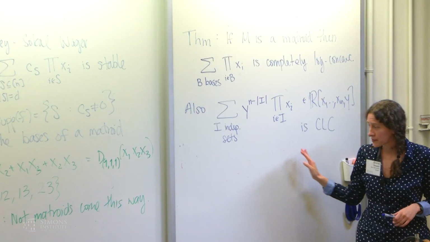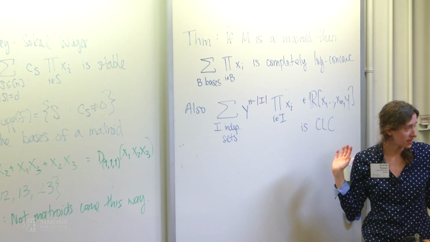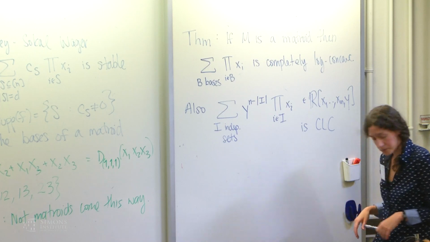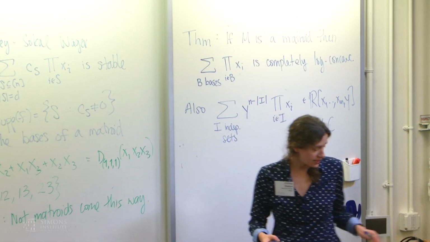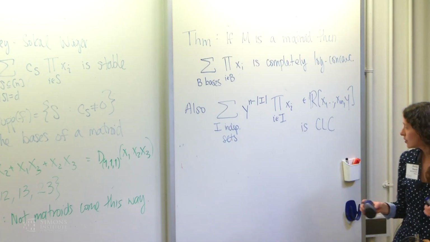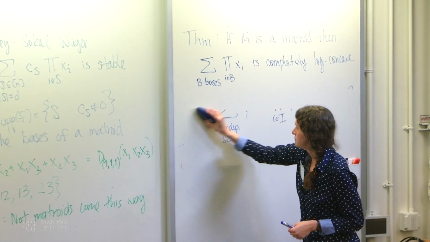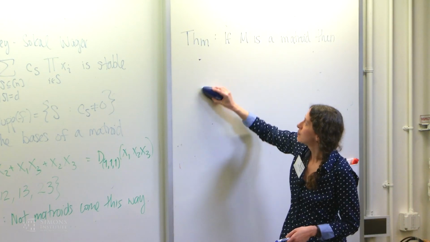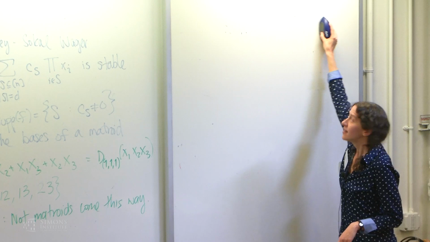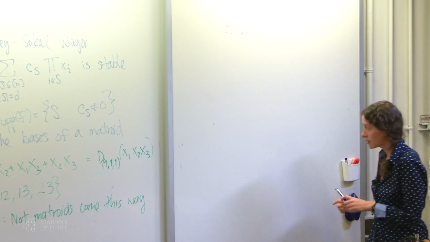You could also do it for inhomogeneous polynomials. And one of the things that seems to be true is if you have an inhomogeneous polynomial with this property, complete log-concavity, then you can homogenize it in a scaled way and get a homogeneous one.